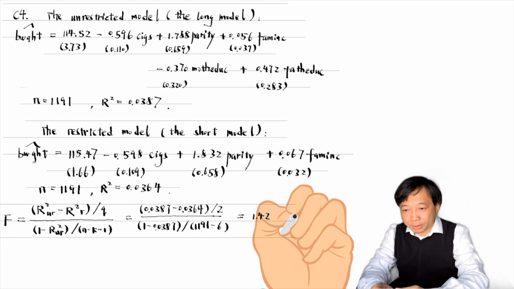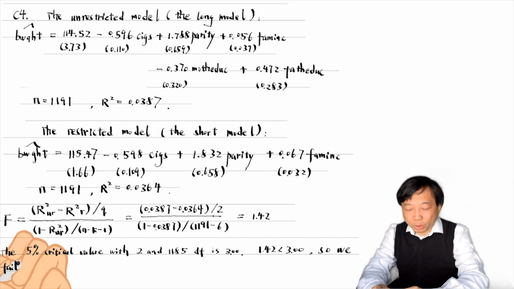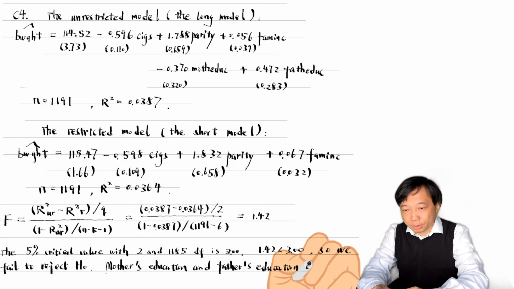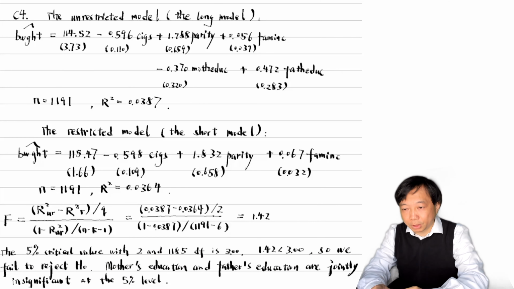From the 5% F distribution table, the 5% critical value with 2 and 1,185 degrees of freedom is 3.00. The F statistic is below the critical value, so we fail to reject the null hypothesis. Mother's education and father's education are jointly insignificant at the 5% level in the birth weight equation.